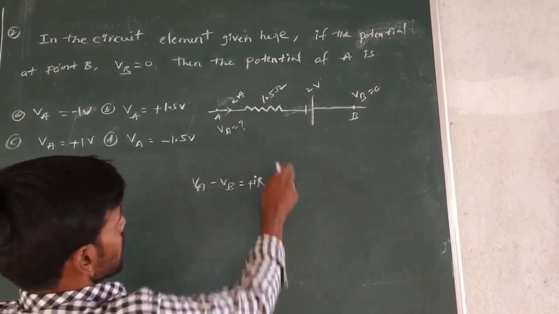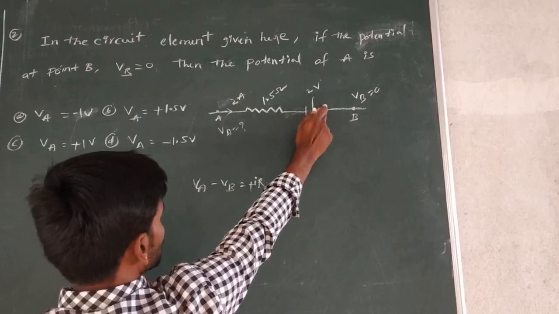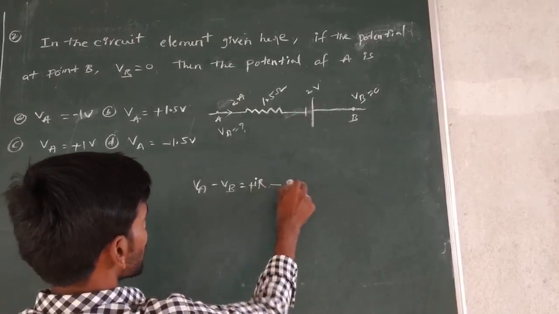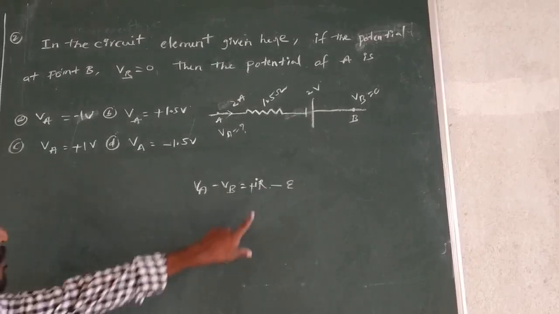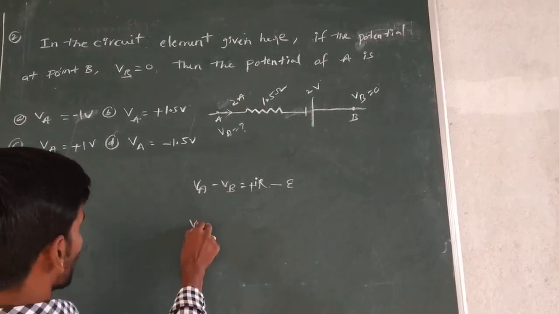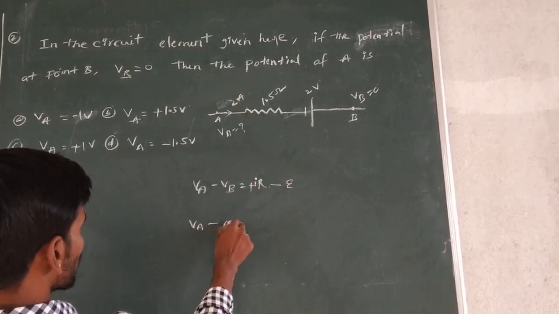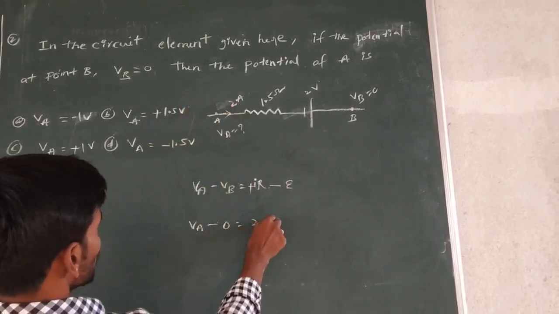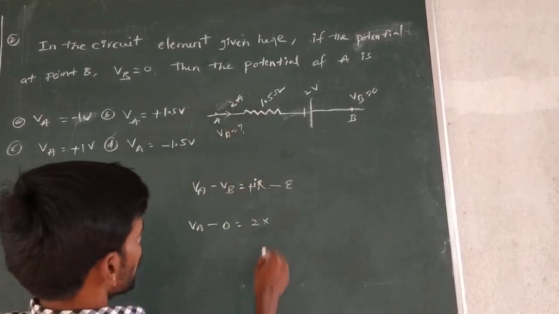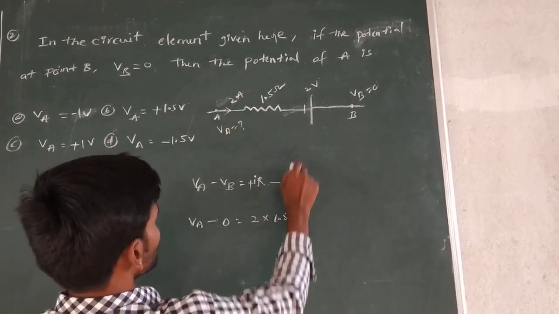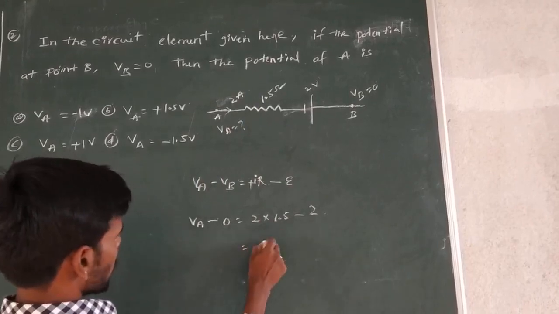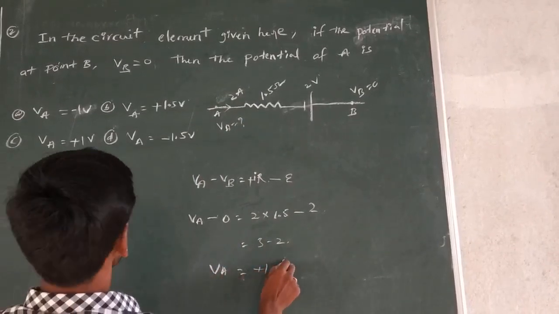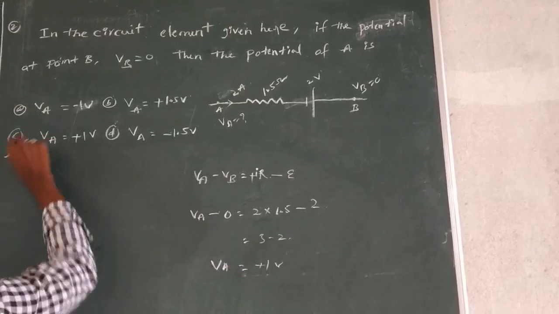So here the direction represents lower potential to higher potential, your potential has increased, and that represents minus epsilon. So VA minus VB is plus IR minus epsilon, with VB equal to 0. The current is 2 amperes, the resistance is 1.5, and epsilon is 2 volts. So 3 minus 2, VA is equal to plus 1 volt.